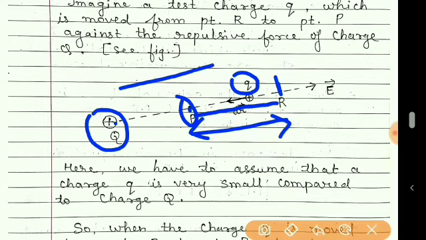Electric field is in this direction and the displacement is opposite to it, and so we can say that the work is done against the electric field.